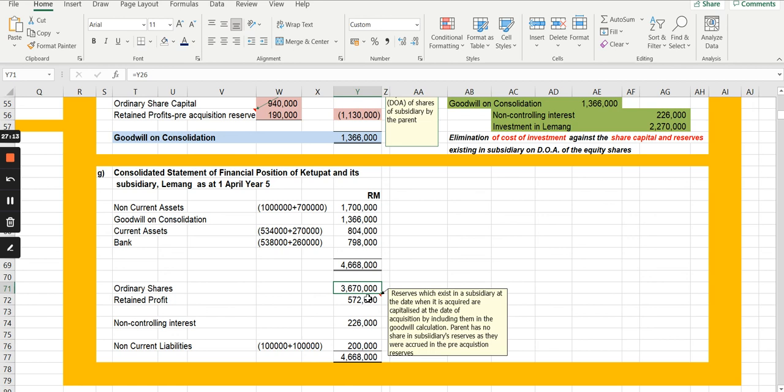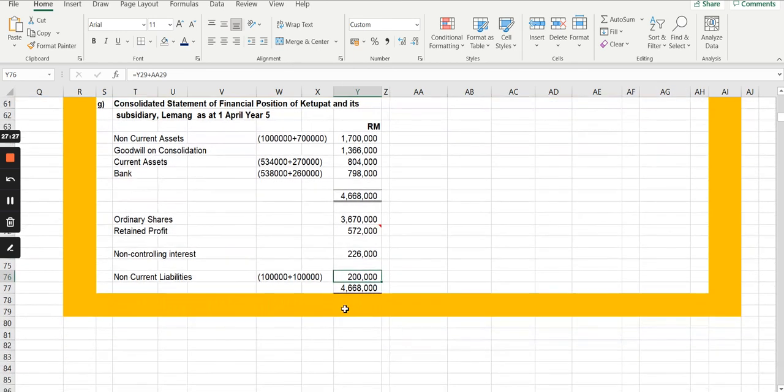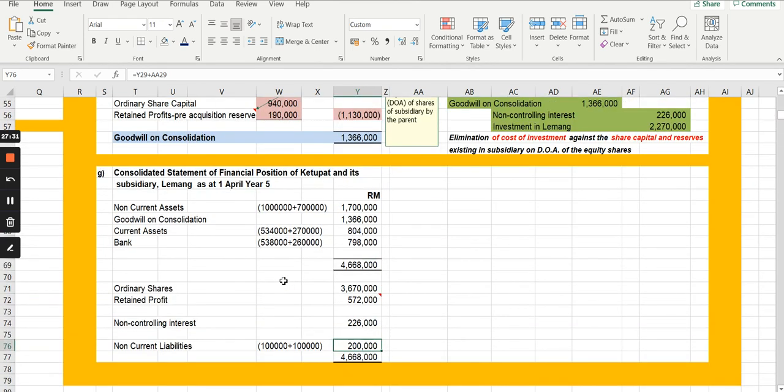In the future, you are going to see that there will be some share of parent in the post-acquisition reserve of the subsidiary. Okay, non-controlling interest at the moment, that is what you calculated here. And last one is the non-current liabilities, just add up. Okay, I've done the preparation of the statement of financial position for the group or the consolidated statement.